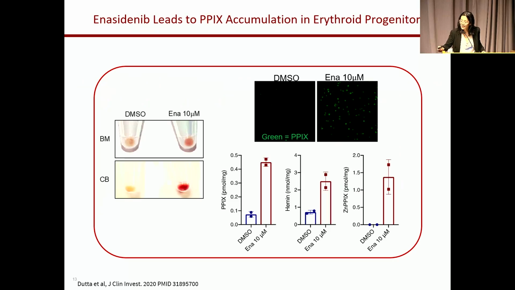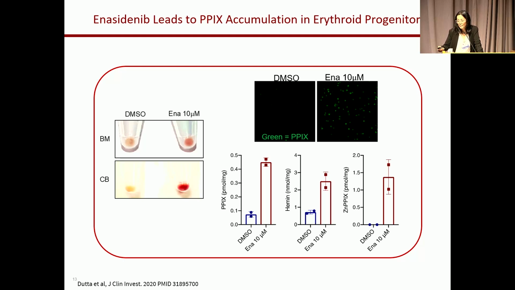We wanted to chase down some mechanism by looking at intracellular heme synthesis, because that in the literature has been associated with increased erythroid differentiation in its own right. And on the left, you can visually see that the addition of inatinib, or the presence of it in the erythroid differentiation cultures, leads to more red, which indicated to us there was more hemoglobin or heme synthesis.